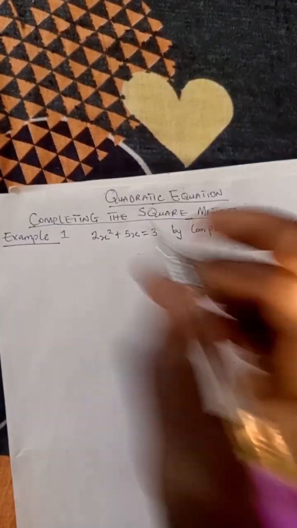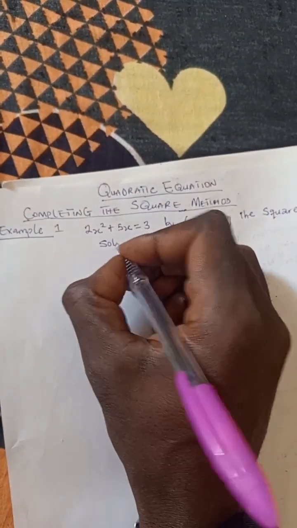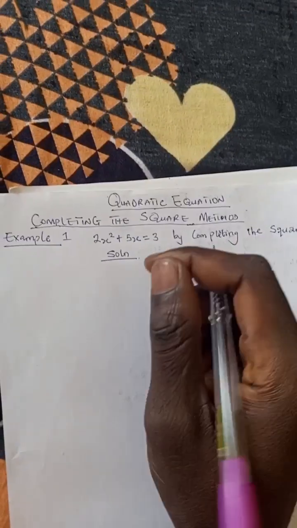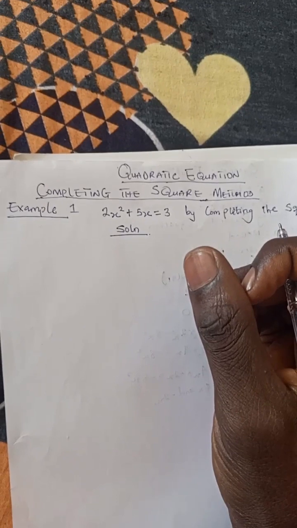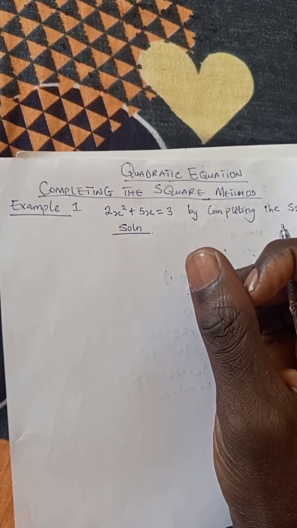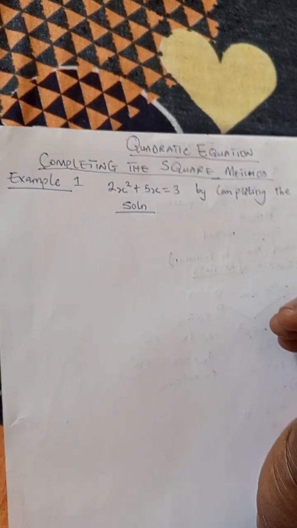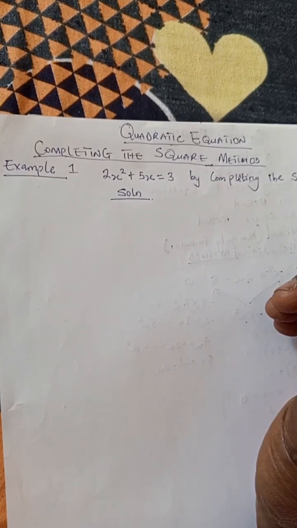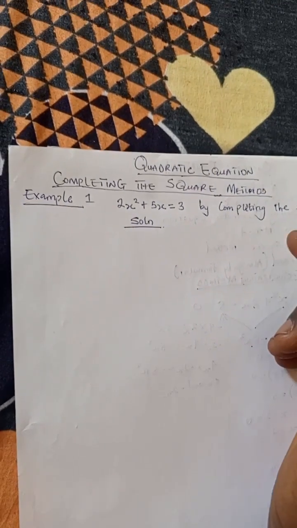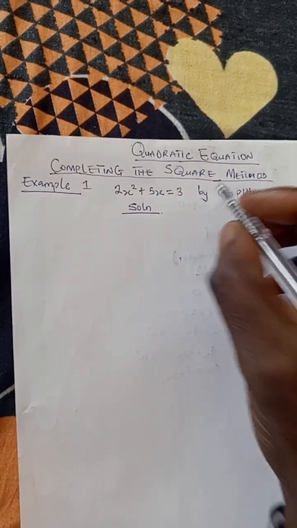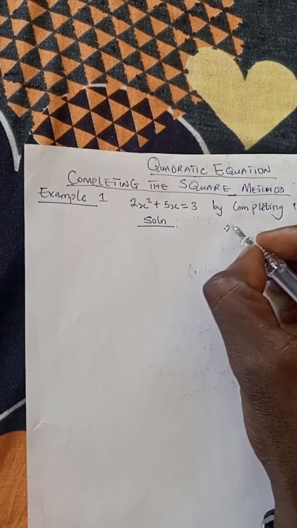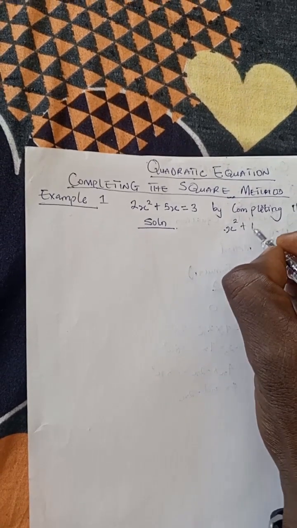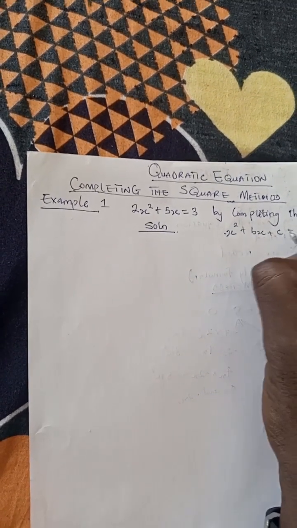And in using the completing the square method of solving a quadratic equation, this is what to consider. Now you see, this particular equation given does not really look like the quadratic equation we've explained in our previous videos. In the previous video we said the quadratic equation must satisfy x squared plus bx plus c being equal to 0.